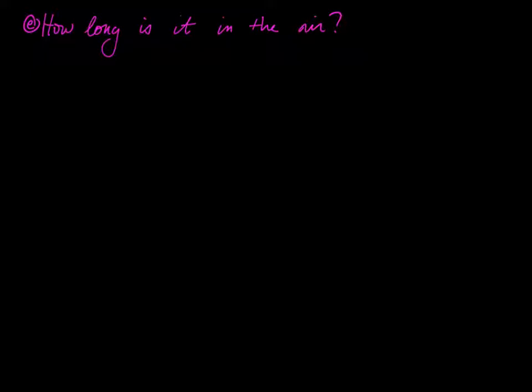And lastly, the last question here, dealing with this one single equation, s of t equals 10 plus 50t minus 0.8t squared, is how long is it in the air?